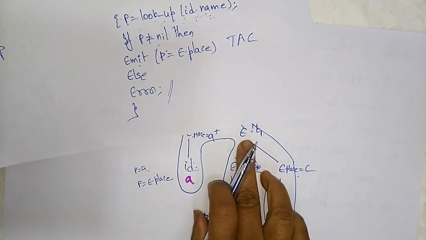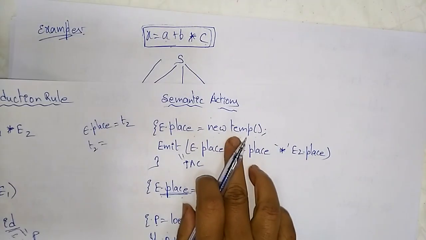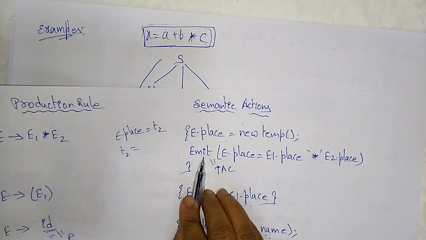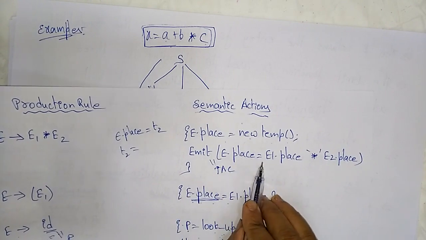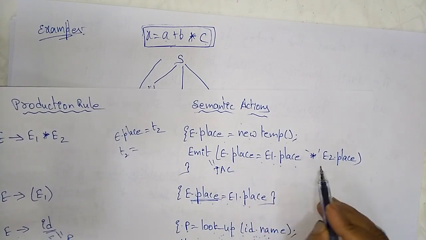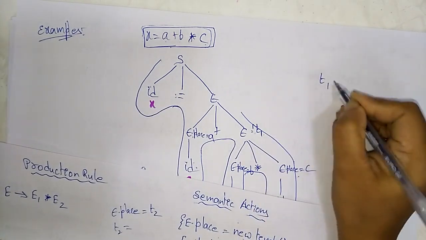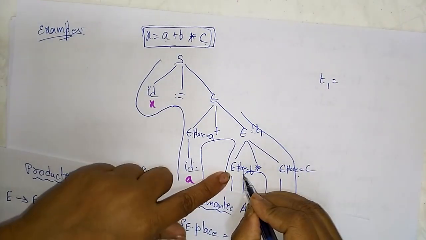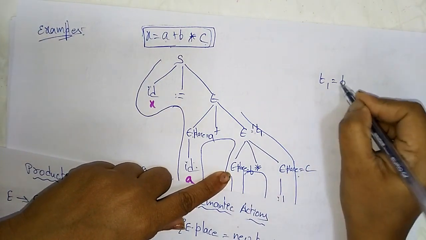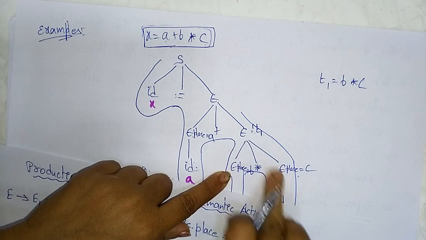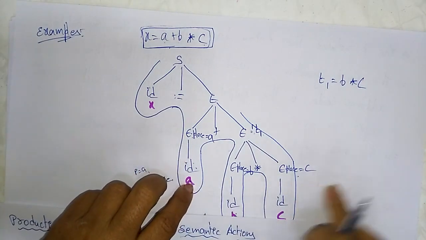So E.place = newtemp, T1. Then emit E.place = E1.place * E2.place. So T1 consists of E1.place b and E2.place c, that is, T1 = b * c.